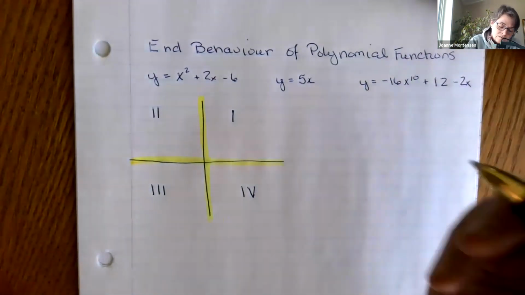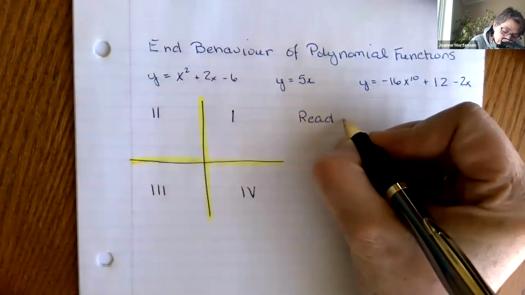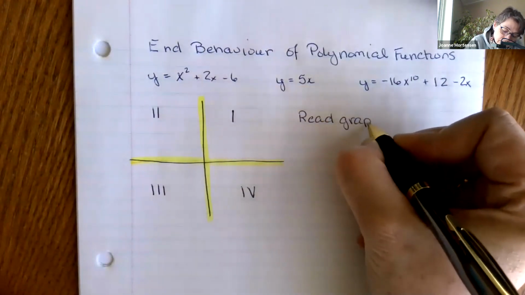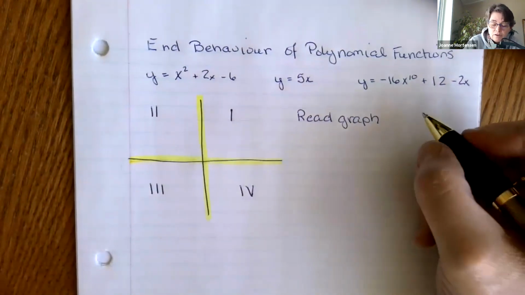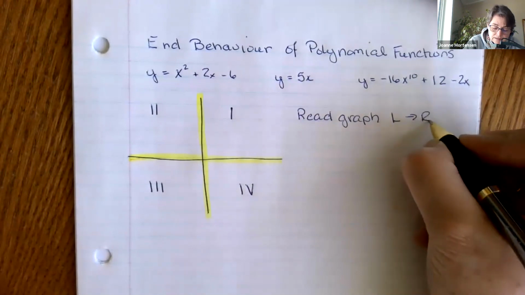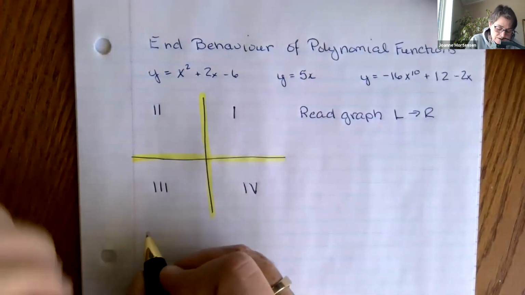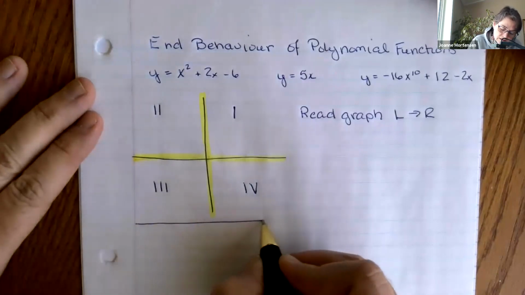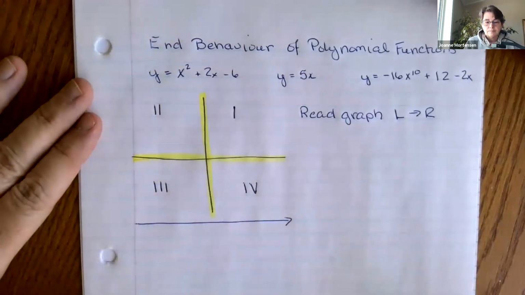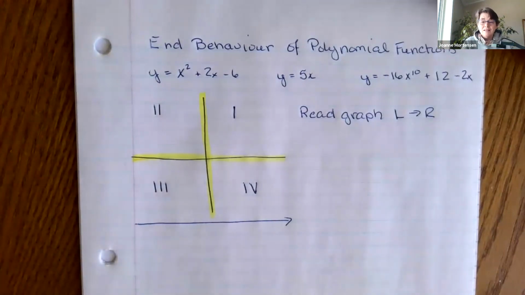The next thing you need to know is you always read your graph just like you would read a sentence. You're going to go from the left to the right. So if I'm going to talk about this graph, I start here and I go in this direction. Well, we're talking about the end behavior. We need to know where a graph starts and where it ends.